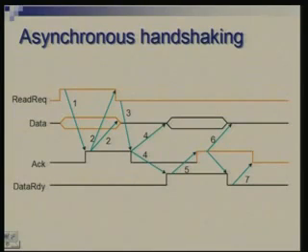Basically the parties which are involved will tell each other what needs to be done next. So let's look at a case of reading from the memory. The party which is trying to read from memory will send a signal.